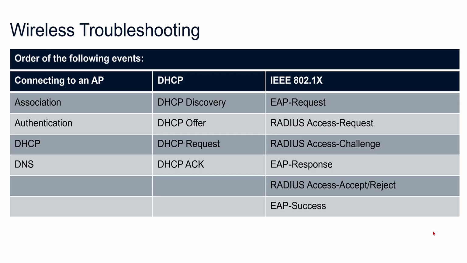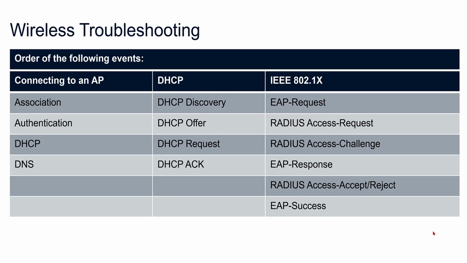A DHCP request from the client, again, could be a broadcast. And then a DHCP acknowledgement. Once all that happens, the client gets an IP address, a mask, a gateway. They get their DNS information. But if it fails, it could be related to DHCP scope exhaustion, a VLAN mismatch, IP helper issues, or blocked UDP ports like we talked about before, 67 and 68.